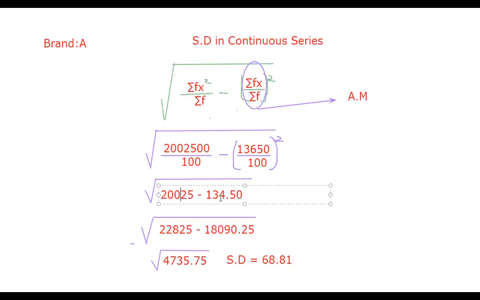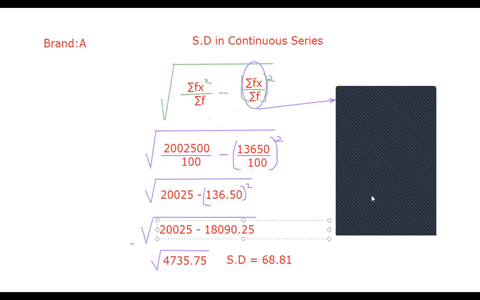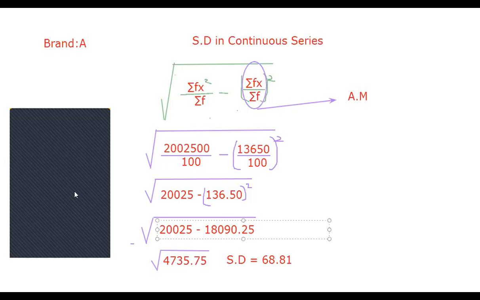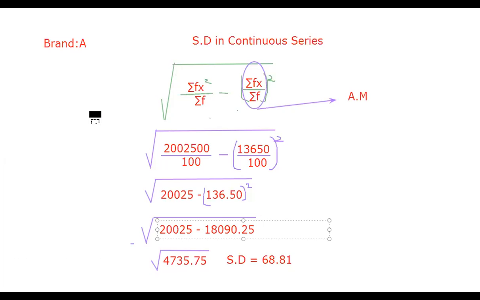Okay. So again, 20,025 minus what is our 136.5? Wait a second.